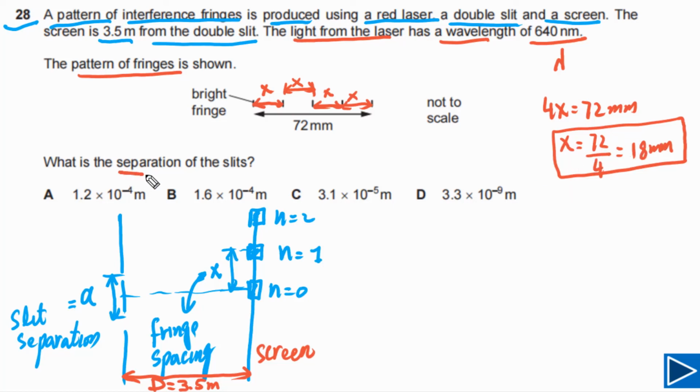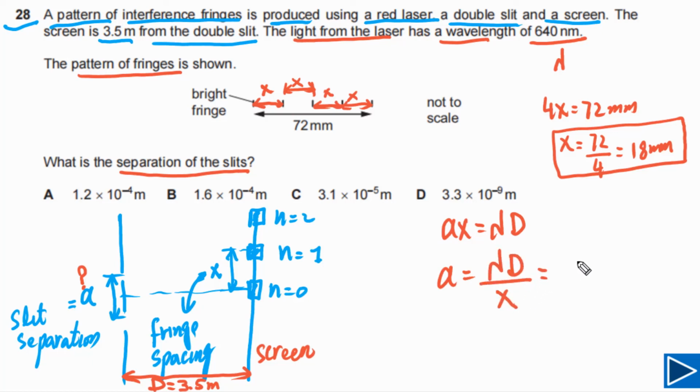We need to find the separation of the slits, meaning we need to find the value of a. For a double slit, we need to understand that ax is equal to lambda times D. We need to find a, so a is equal to lambda D over x. Lambda is given to us, that is 640 nanometers, so we multiply with 10 to negative 9.